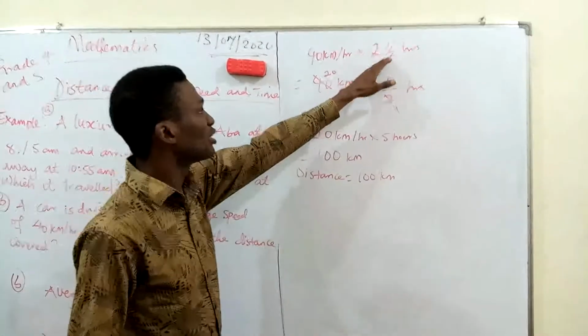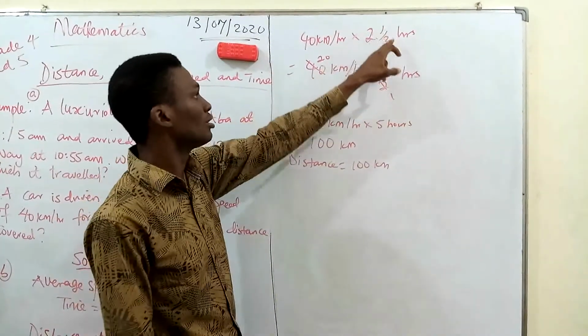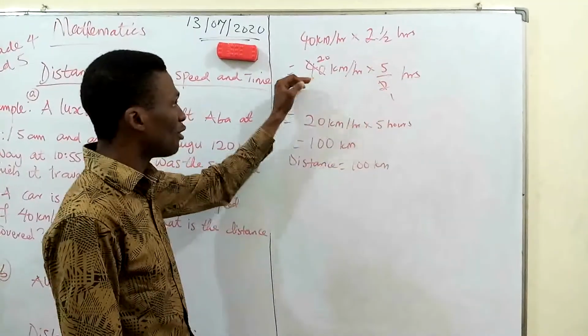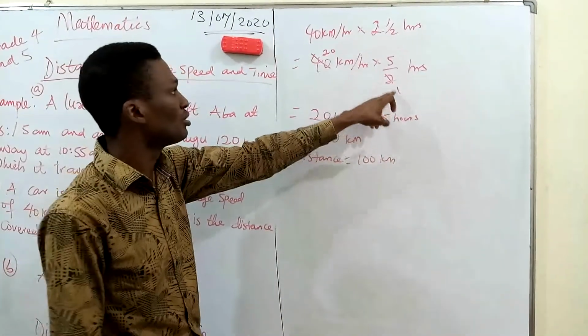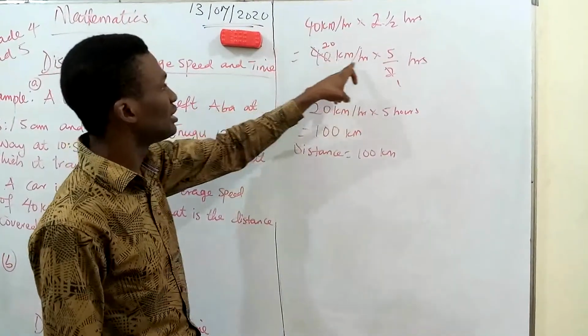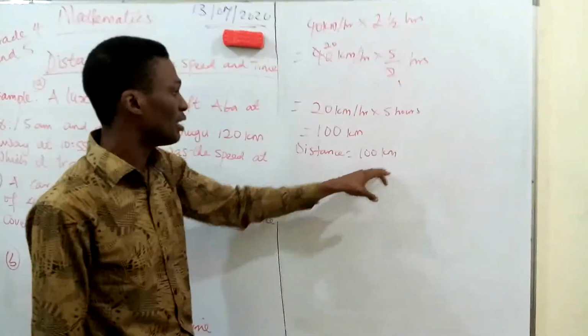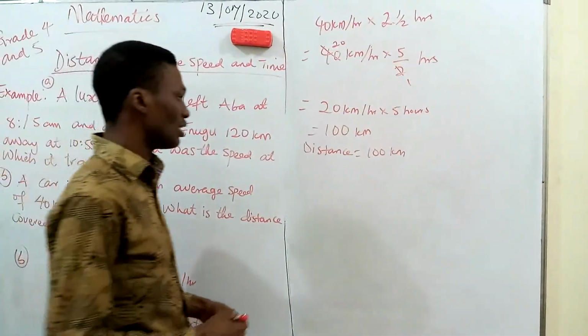We convert this mixed number to an improper fraction: 2 times 2 is 4, plus 1, we have 5 over 2. So we have 40 kilometers per hour times 5 over 2 hours. 2 into itself is 1, 2 into 4 is 2, into 0 we have 0. So we now have 20 times 5, which is 100 kilometers. So the distance covered is 100 kilometers.